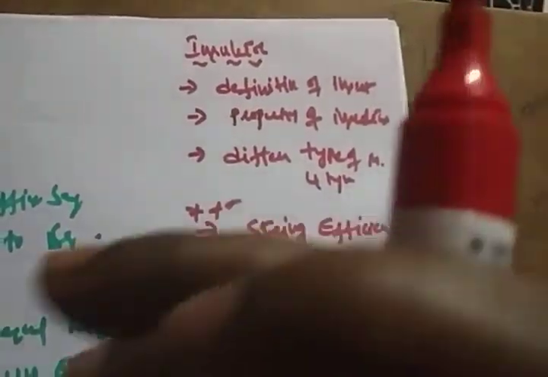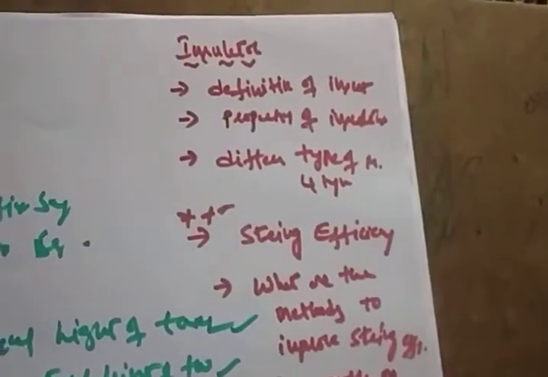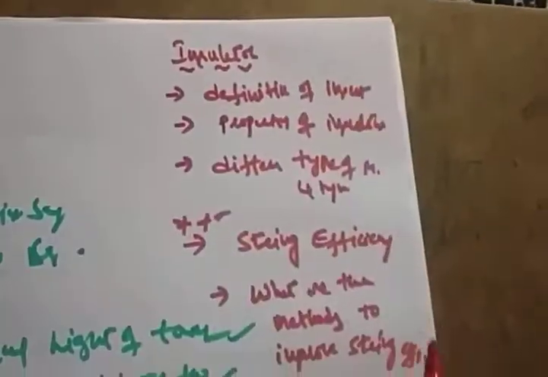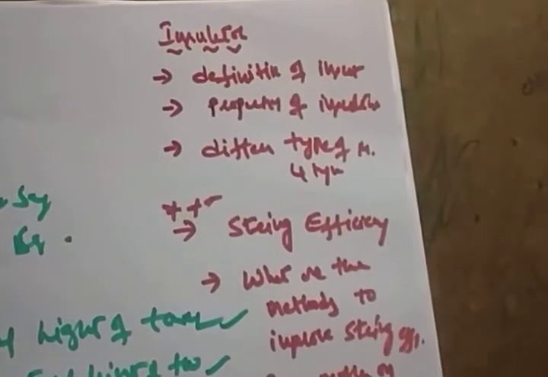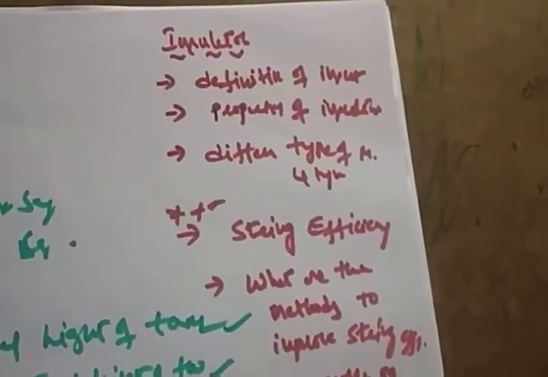The next concept is insulator, and these are the contents that we are going to discuss. If you know these contents, it will be very easy to find out what the next chapter faculty is saying.